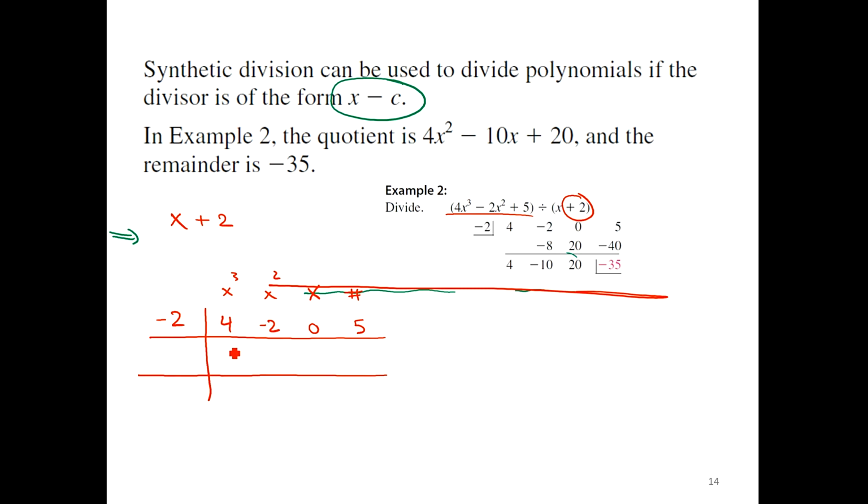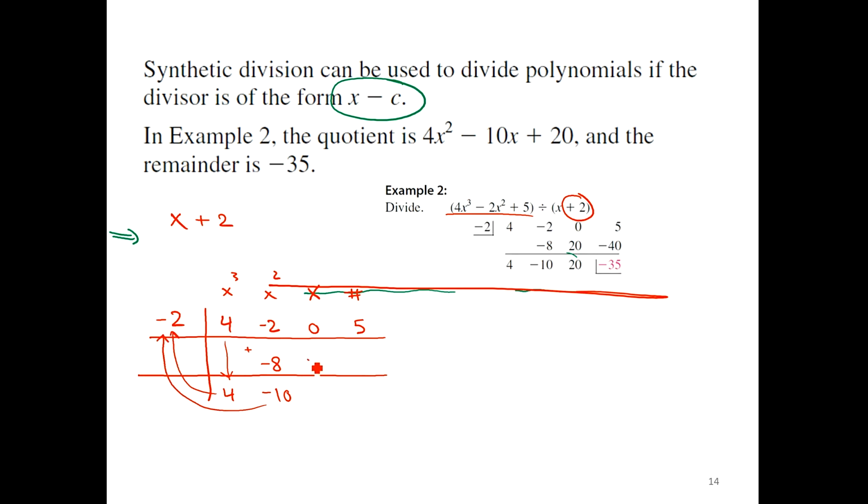Now, firstly, bring down the 4. Now multiply 4 by negative 2. This is equal to negative 8, so put negative 8. Add this one, we have negative 10. Now also multiply this one by negative 2.